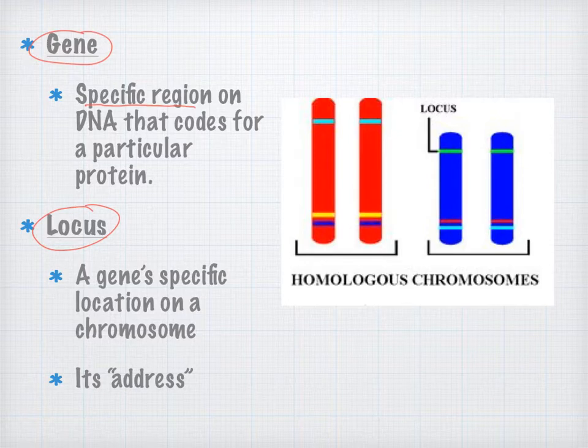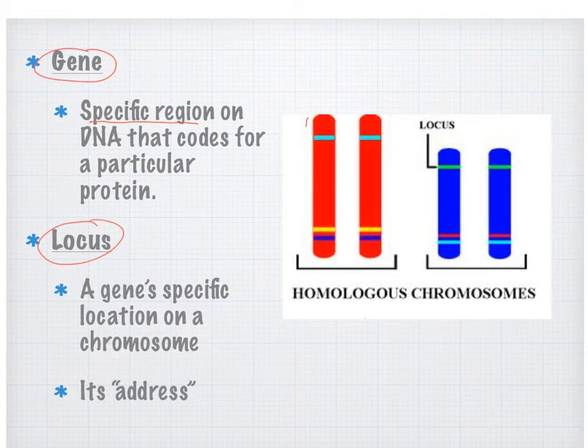So if this is a homologous chromosome, this and this are homologous chromosomes. So this trait, whatever this trait is right here, and this one would be the same trait. Say it coded for height, it would code for height on the left chromosome.